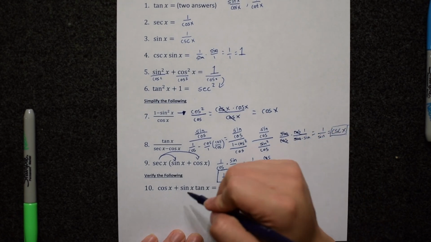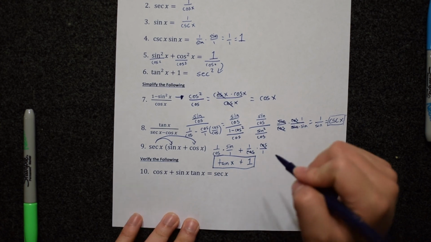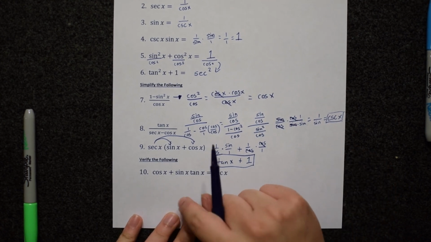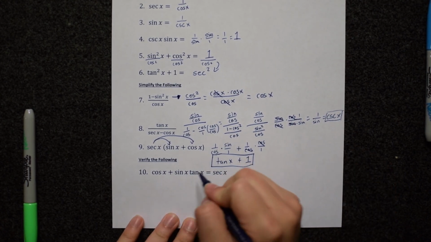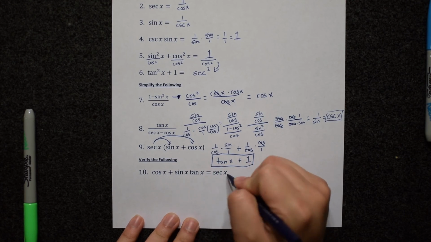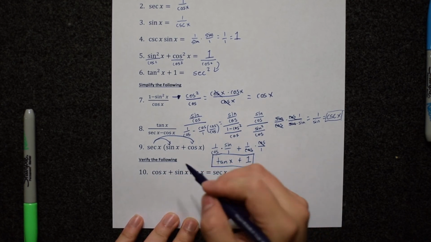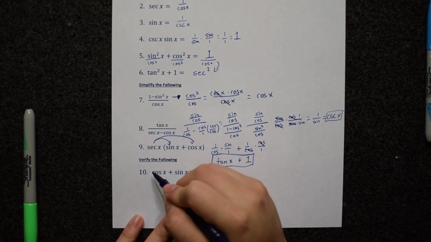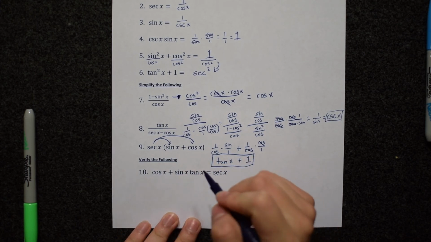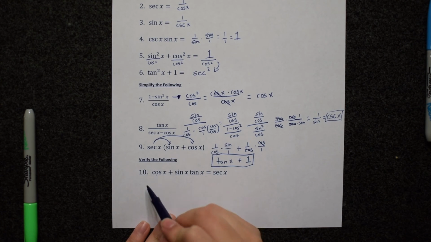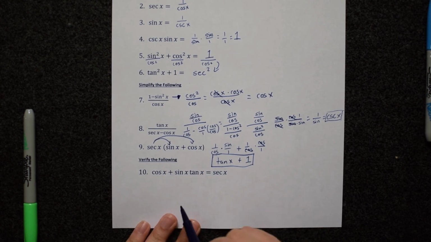Now number 10 is perhaps the trickiest one out of all of these, but nonetheless it is one that we went over. So you're trying to get to secant, and when you're trying to verify an identity, or when you're trying to prove an identity, you want to go ahead and start with the most complicated side first. So that side would end up being this side. Obviously, this is only one trigonometric function.